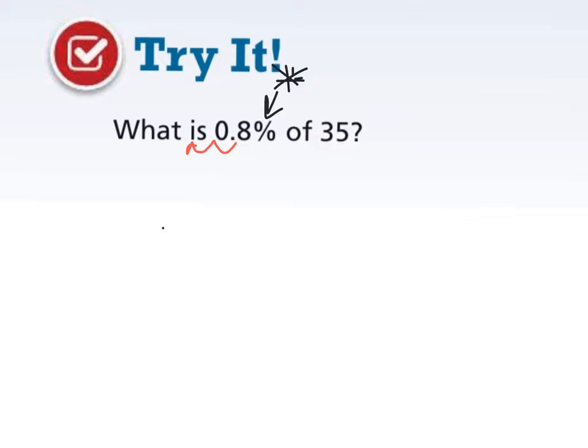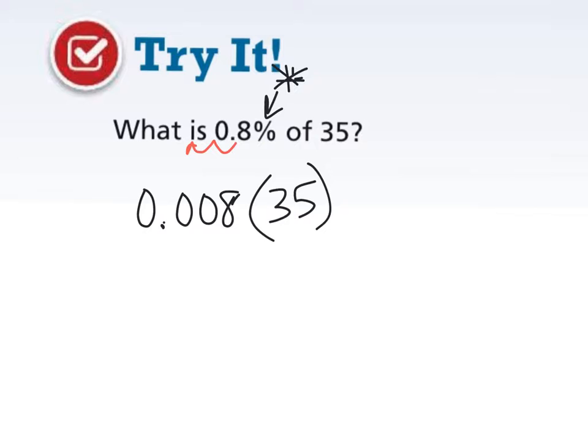We'll have to add a 0. That'll be 8 thousandths, or 0 and 8 thousandths if you want. Of means times. So we're going to multiply 8 thousandths times 35. And that would be 28 hundredths, or 0 and 28 hundredths.